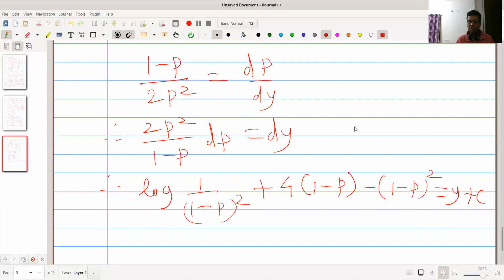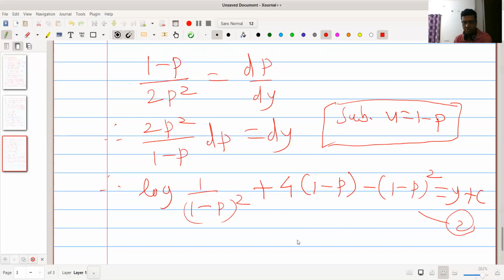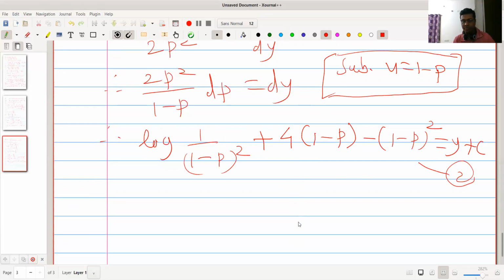Here we have used the substitution u equal to 1 minus p. So this is number 2, where finding p from this equation is not simple.